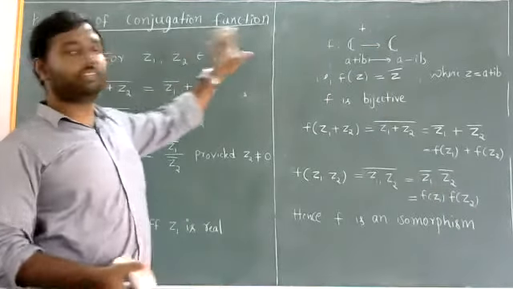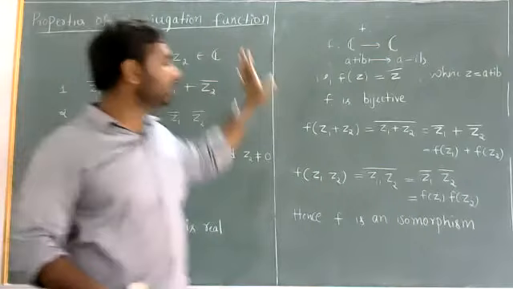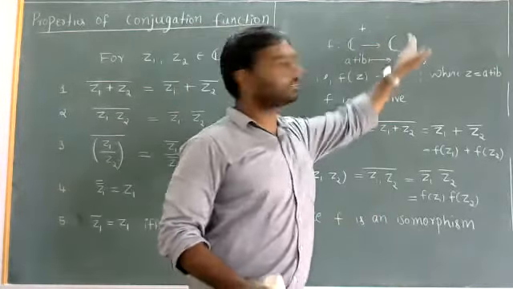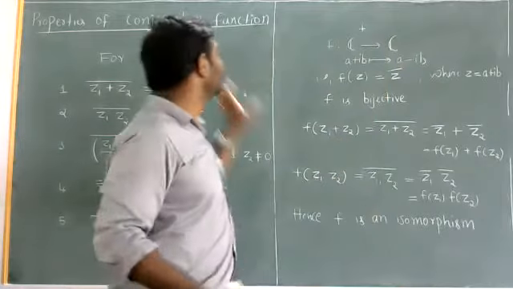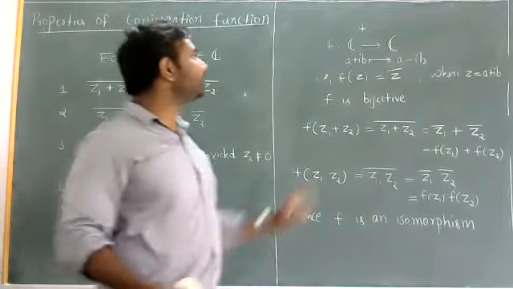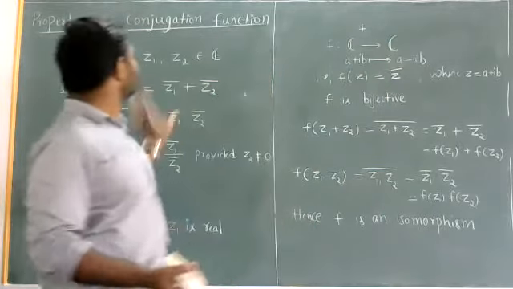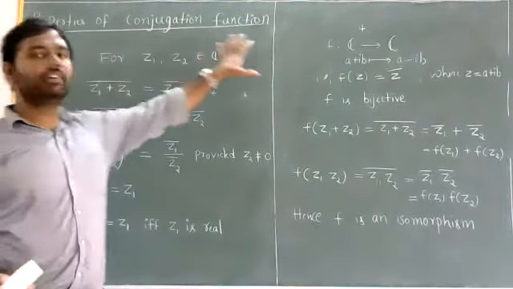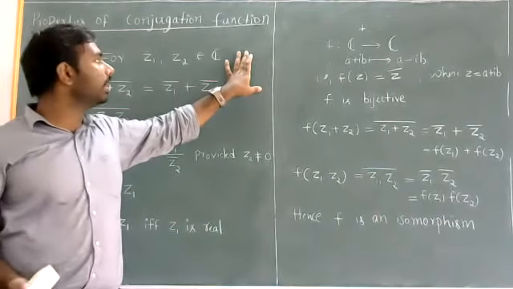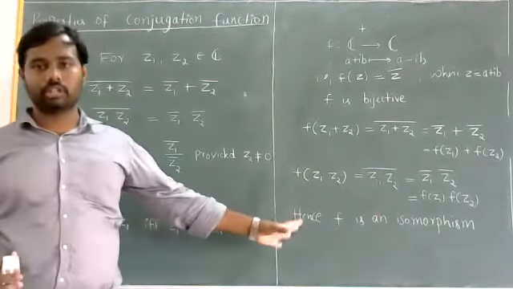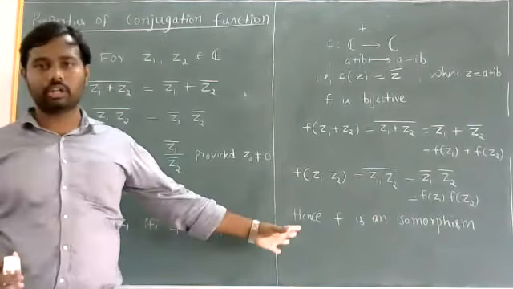The conjugate function is an isomorphism of C onto itself. The conjugate function is an isomorphism from C onto itself. So these are the properties of the conjugate function. And with this, the session will end, and I will continue the complex analysis in the next session. Thank you.